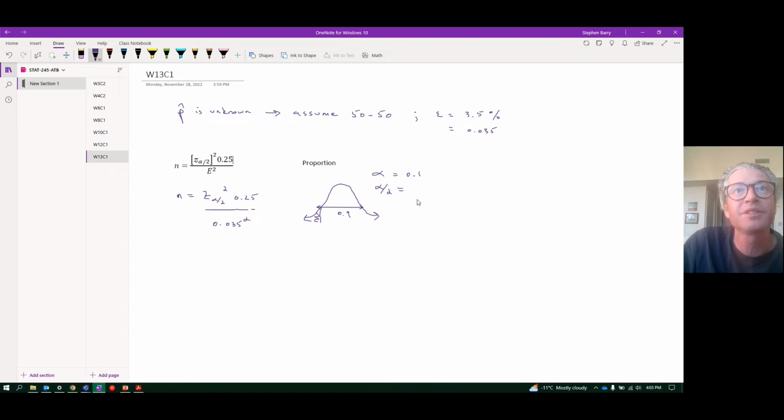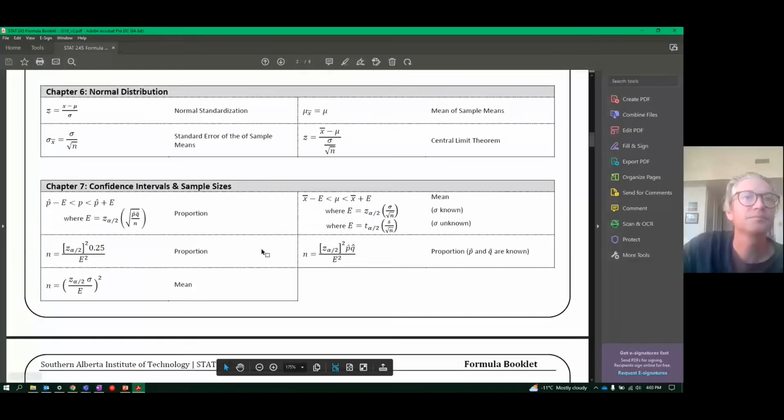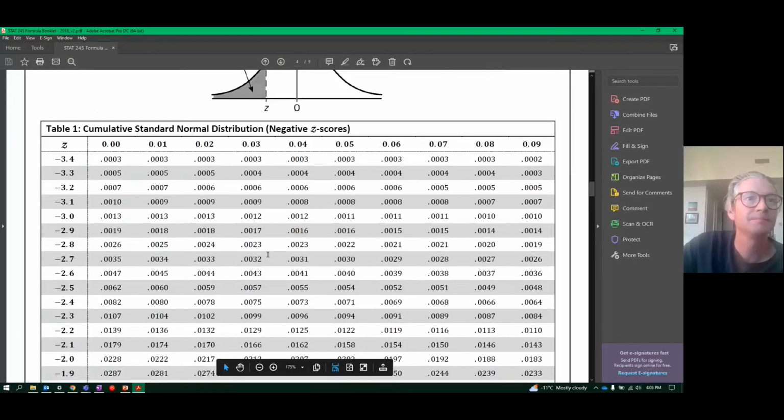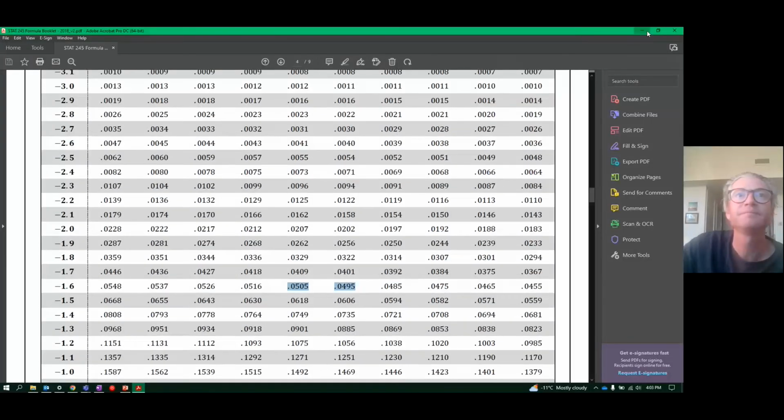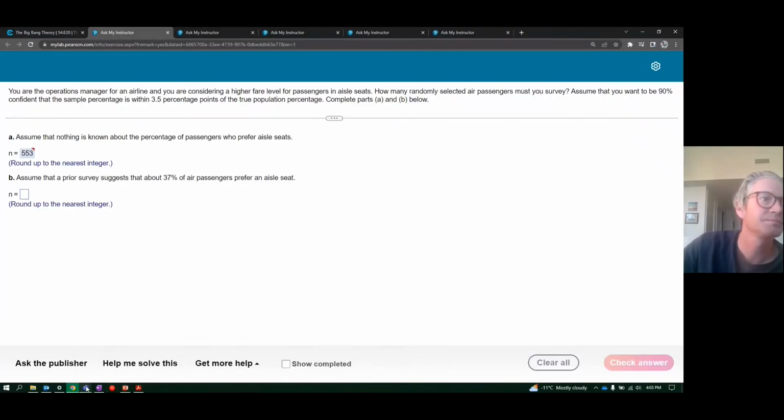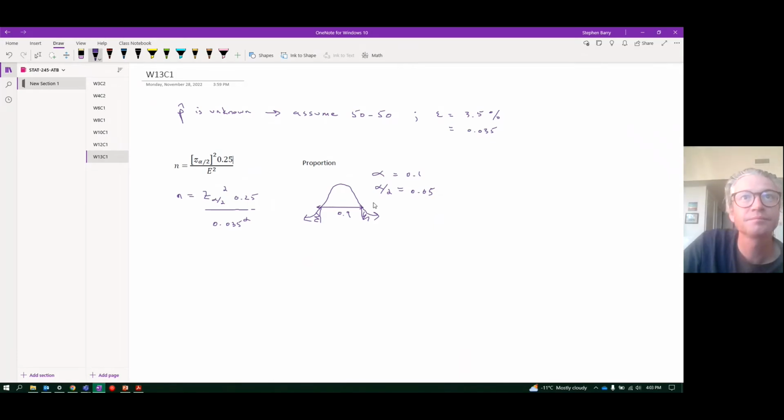Alpha over 2, because it's two-tailed, right? Let's find a score that corresponds to that. Right there, 1.645. And we're done.